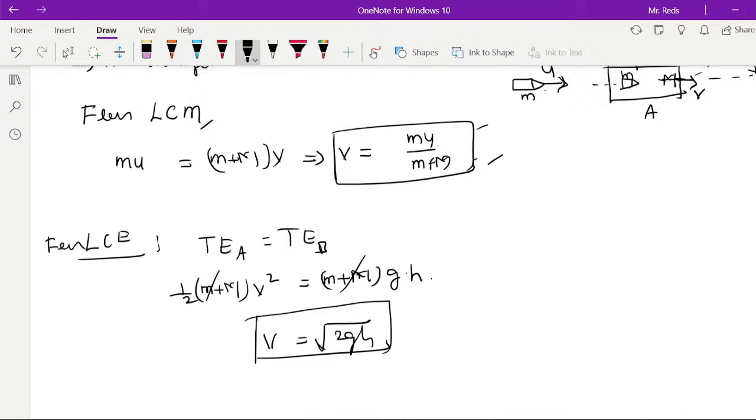So if you equate these two and you know the height, in terms of height and masses you can find the velocity of the bullet. From equations 1 and 2, small u is equal to m plus M into v by small m.